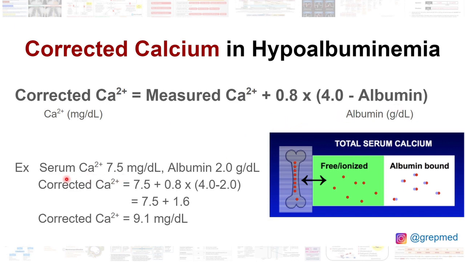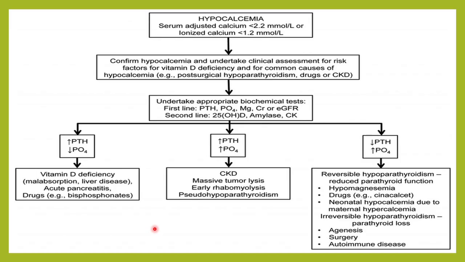So suppose the serum calcium we got is 7.5, that is hypocalcemia as per definition, less than 8.5. The albumin of the patient is 2 gram per deciliter. So what is the corrected calcium here? 7.5 plus 0.8 into 4 minus 2. So that is 7.5 plus 1.6. That is 9.1, which is very much within the range for total calcium.